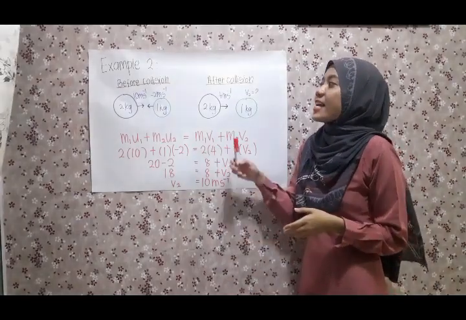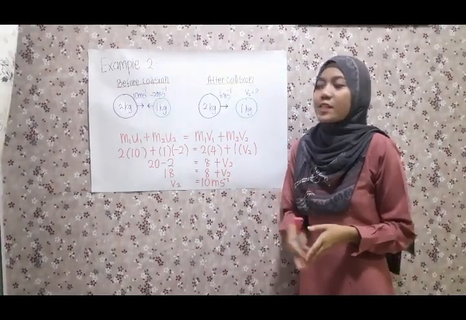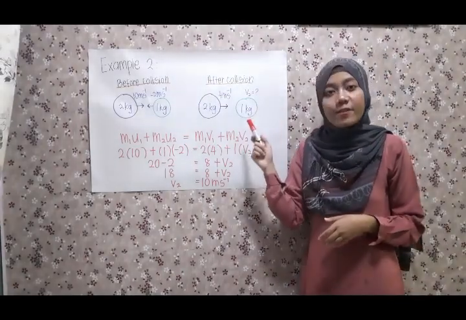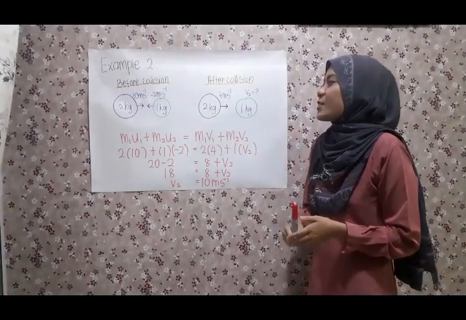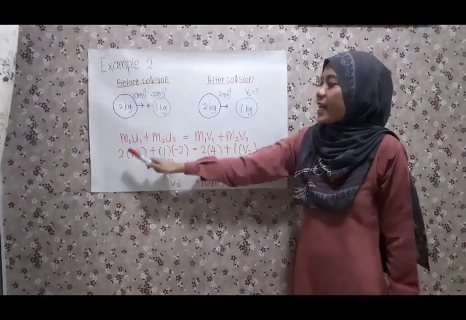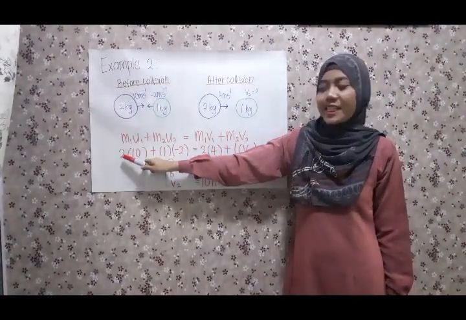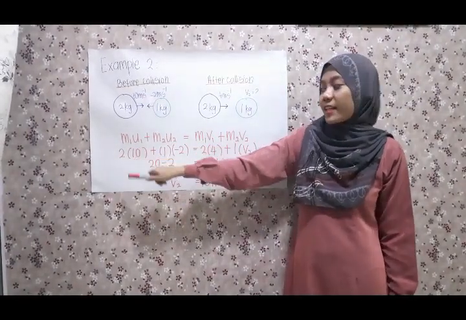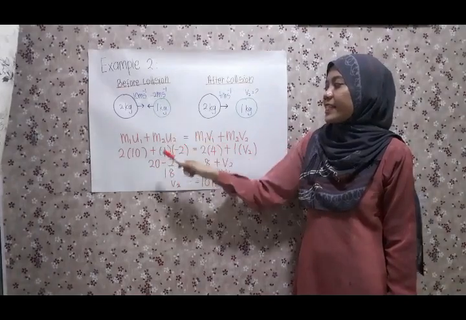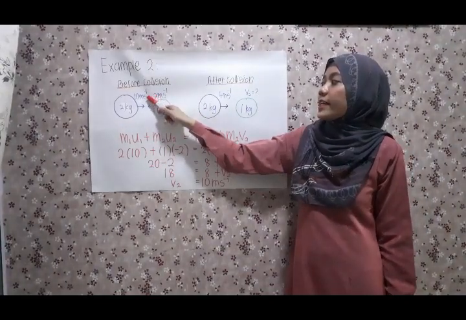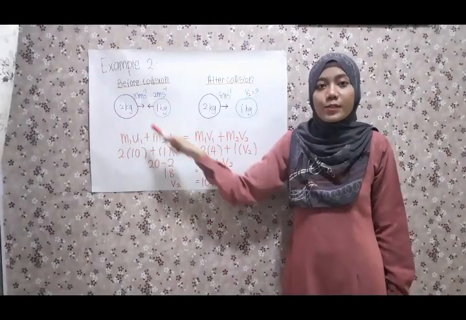Let's try an example for the elastic collision. The question asks us to find v2, the final velocity for the second object. We transfer the information into the formula: m1 is 2 kg, u1 the initial velocity is 10 meters per second, plus 1 kg times negative 2. We put negative because the direction is to the left.